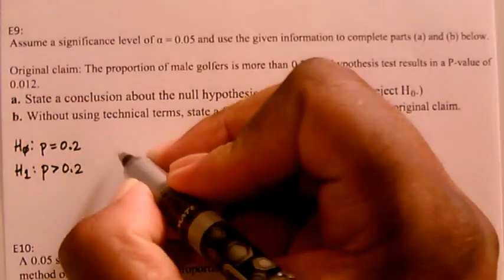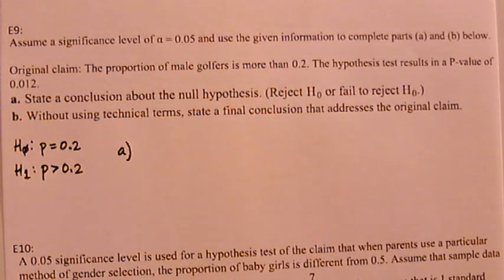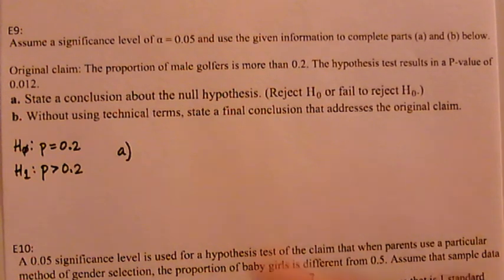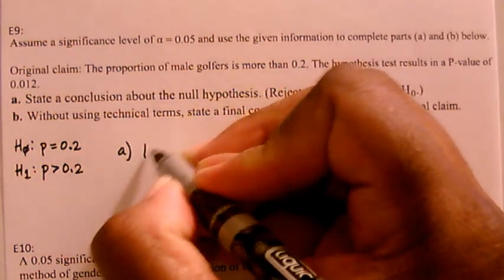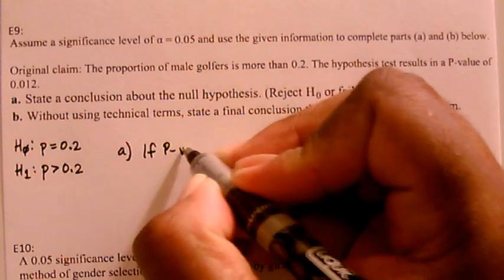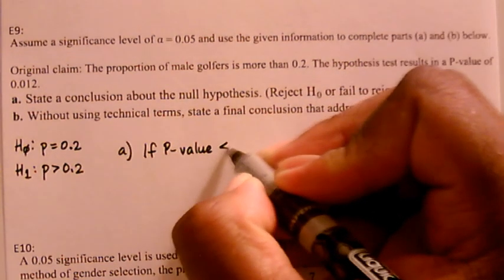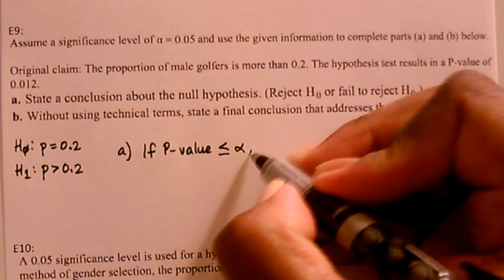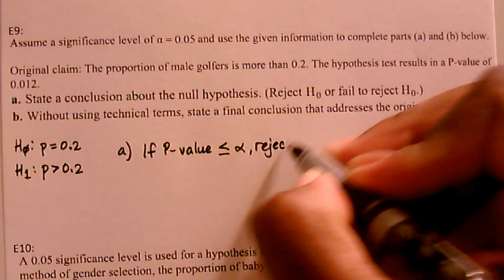Now, part A, we're given a p-value. So let's compare the p-value with our level of significance. That rule is this: if your p-value is less than or equal to alpha, you reject the null.